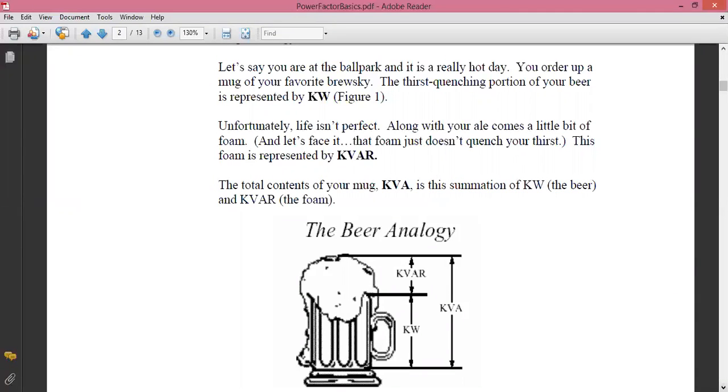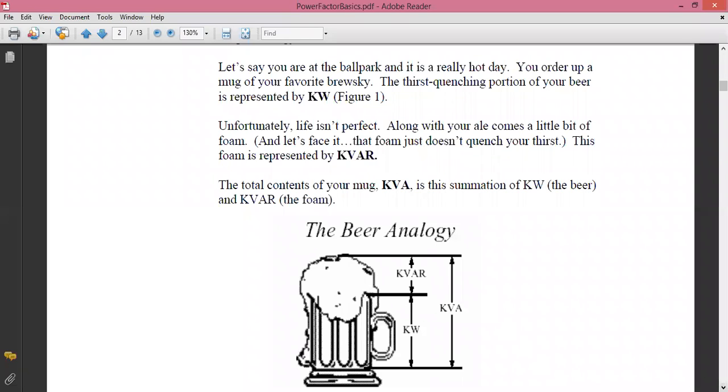I am again saying this is not a pure technical example, but with this example you can get an idea of what active or actual power is, how it is useful, and what reactive power and apparent power mean.